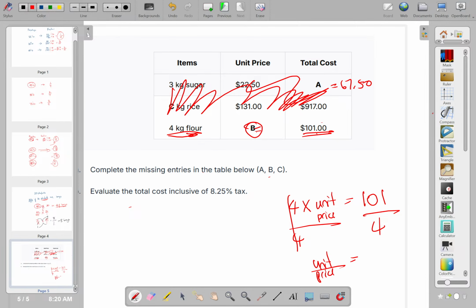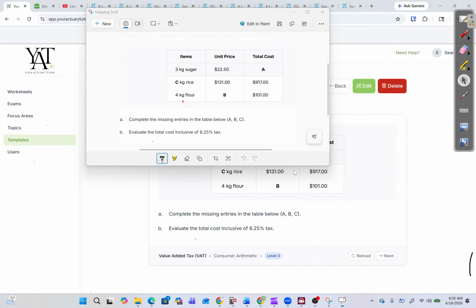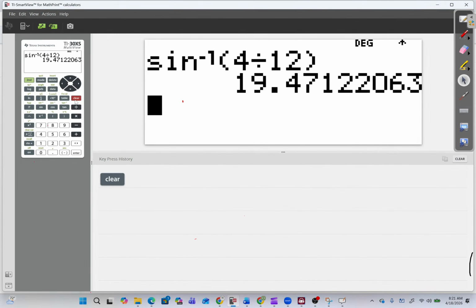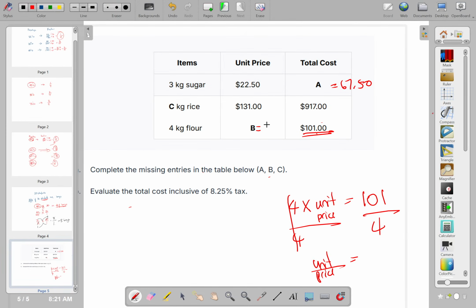And that will be the unit price for that flour. So B would have been 101 divided by 4. It's too early, I don't even want to do so much maths. I have a very long day today. That is going to be 25.25, the unit price there. Hope that makes sense.